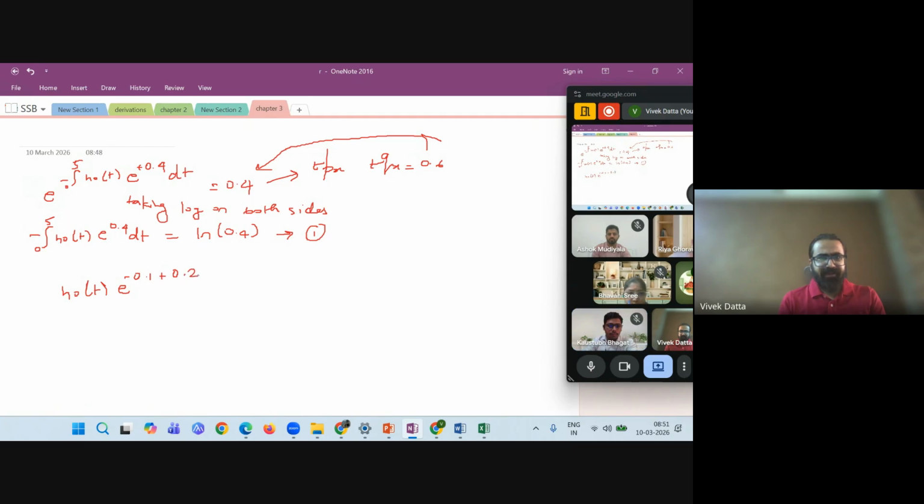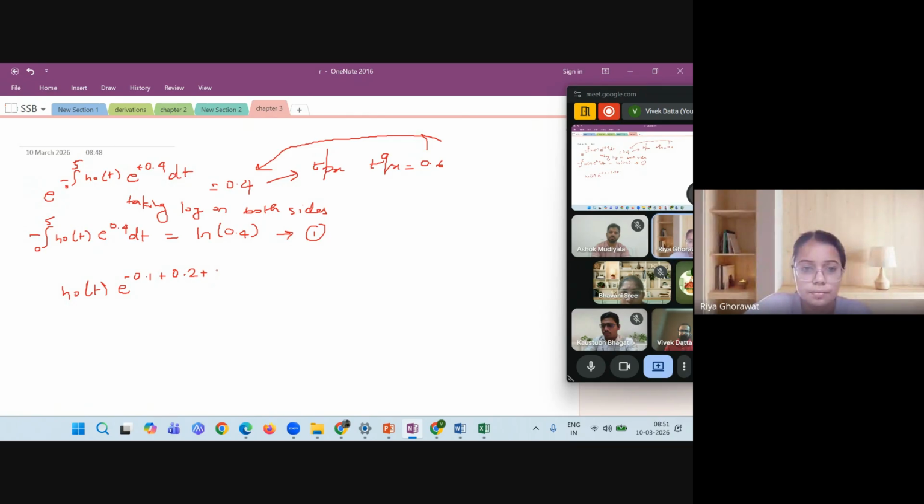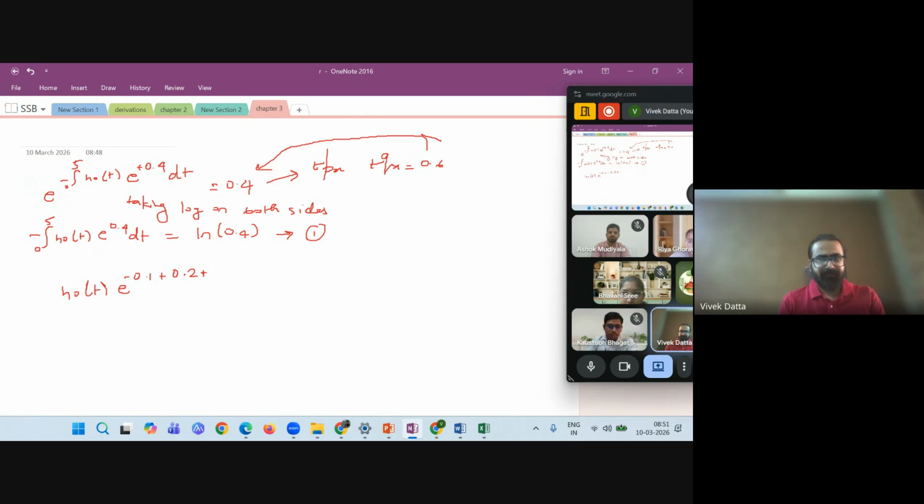And independent financial advisor is what? Minus 0.2. This gets cancelled. Okay. So what equation do we have?